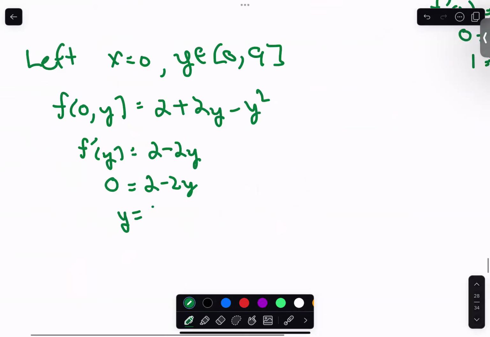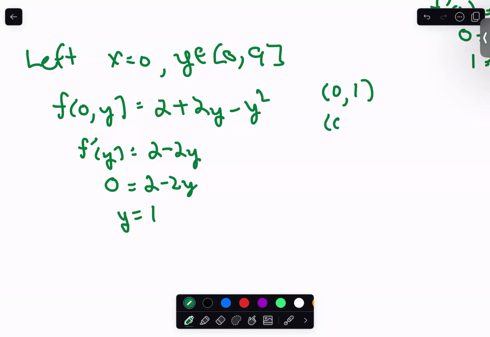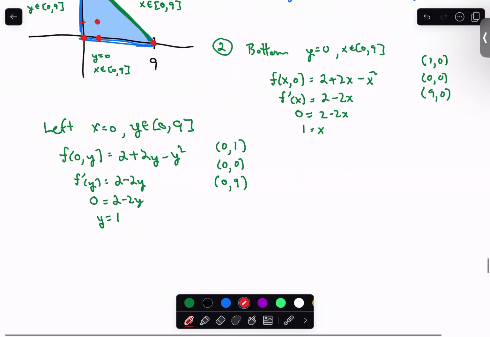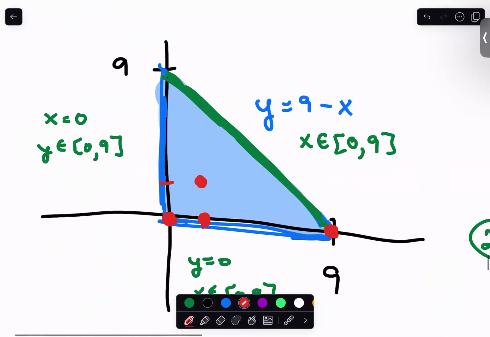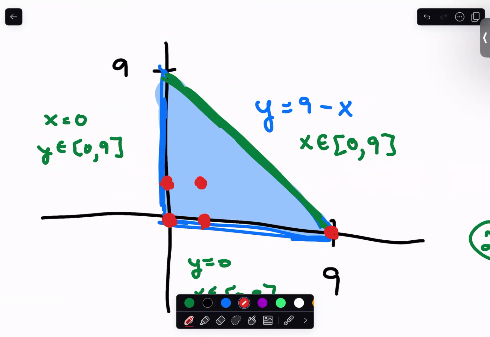This gives us y equaling 1. And again, remember, we're on the curve x equals 0, so the point here is (0, 1). We also need to include our endpoints, (0, 0) and (0, 9). So let's see, (0, 0) is already on there, (0, 1) is right here, and (0, 9) is on the top.